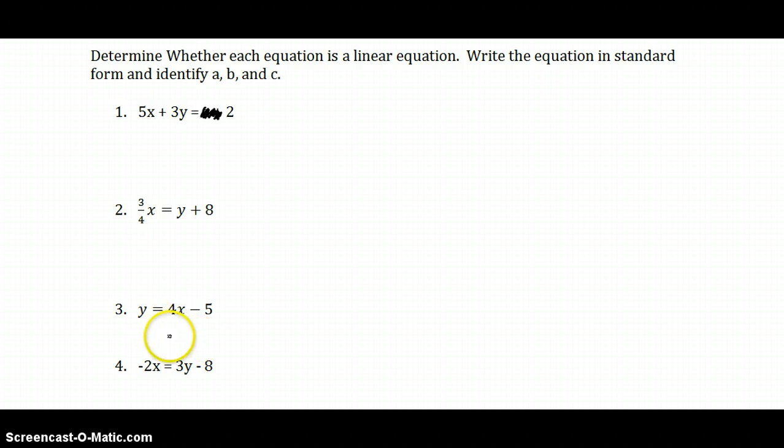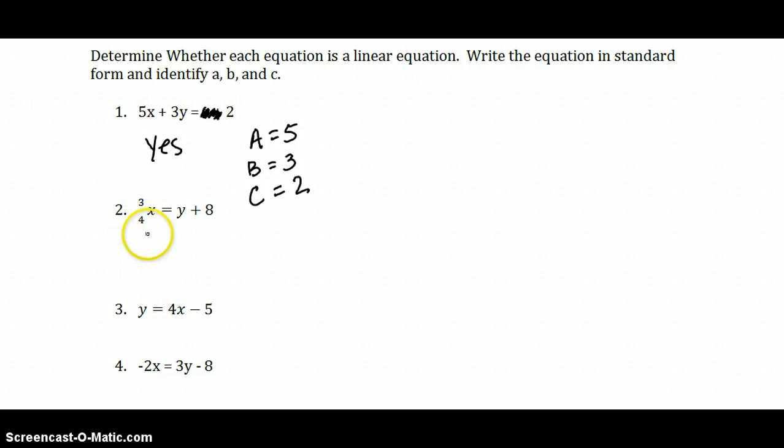So they're all going to be linear equations. So we can just say yes, linear. Now we're going to put it in standard form. Well, when I take away the z that's not supposed to be there, it's already in standard form. So A here is 5, B is 3, and C, our constant, is 2 for number 1.